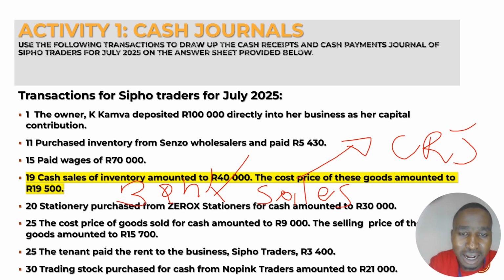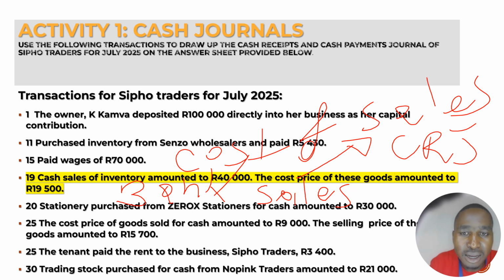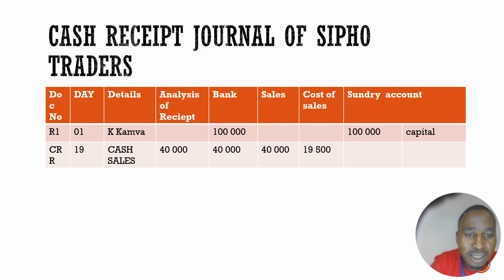So the third account that will be affected will be cost of sales. These are the accounts that will be affected by this transaction, and we are writing on the CRJ. Now let's go and record that on the CRJ.